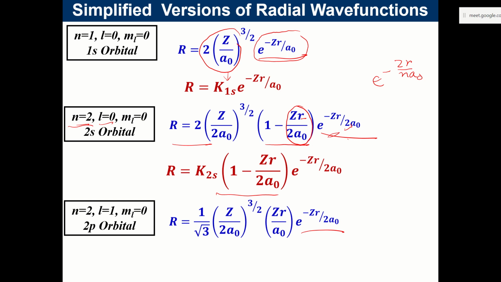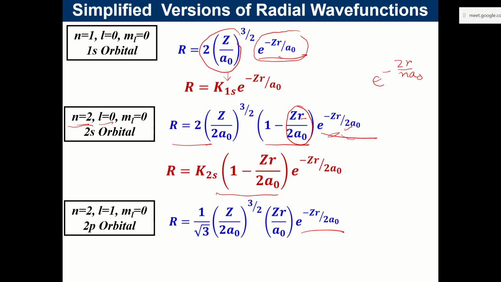Similarly, that is how it is justifiable that we draw a smaller circle for 1s and a larger circle for 2s. Why? Because it is slowing down, the amplitude is significant even at a distance far away from the nucleus, whereas this will fall very rapidly.